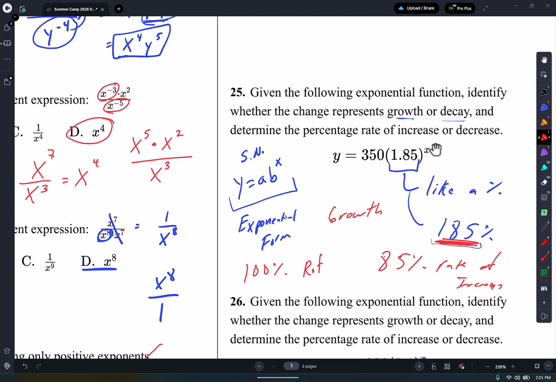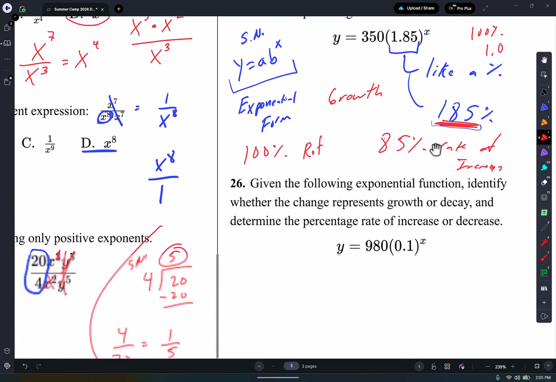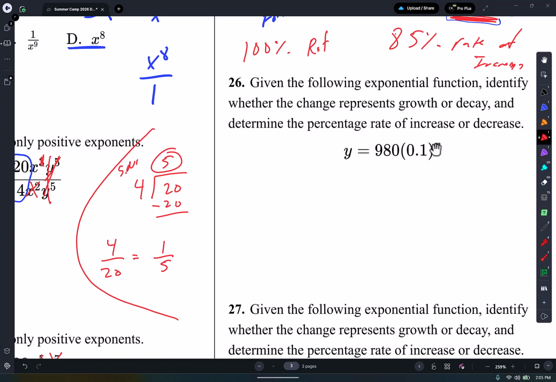Okay, so you're always going to reference it to 100 or to the value 1. 100% is the same thing as saying 1 in decimal. All right, so here we go. Don't freak out. That 0.1 is similar to what percentage? No, not 1%. 10%. Move the decimal 2 times to the right. So is this growth or is this decay? It's decay.